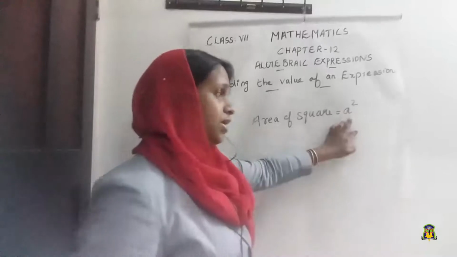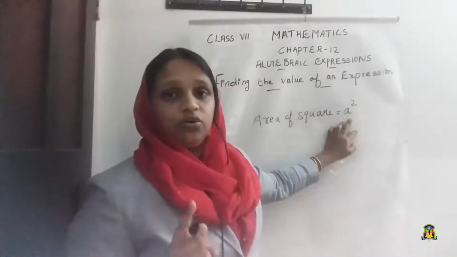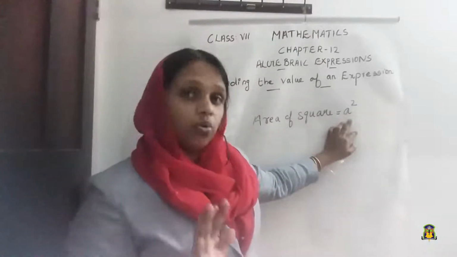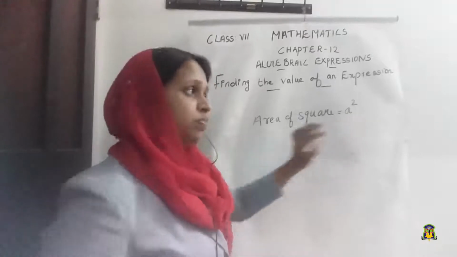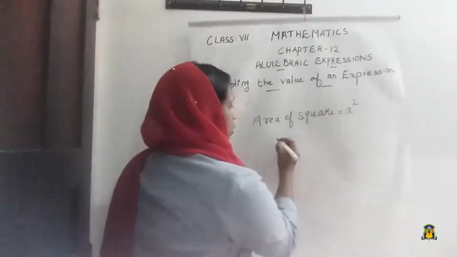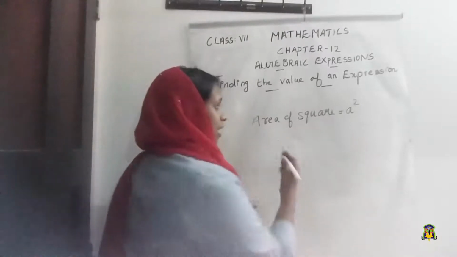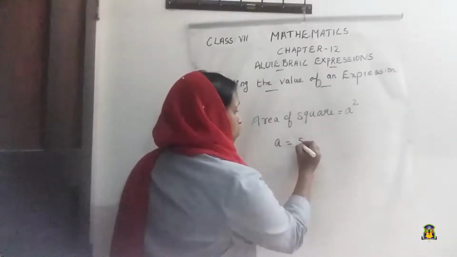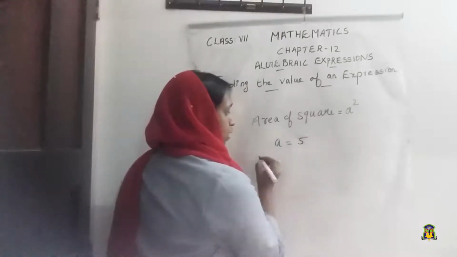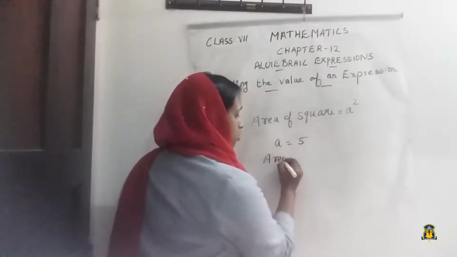That means a is the length of one side of the square. That means for a square all sides are equal. So here if the length of one side, that means a, is equal to 5, then what is the area of the square?